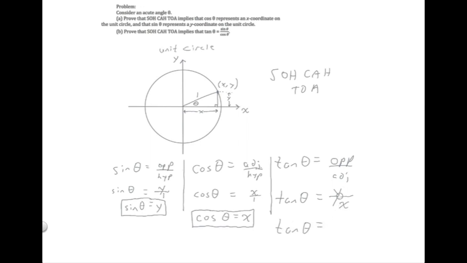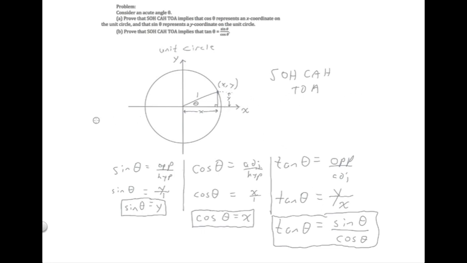But we already figured out that y is the sine of theta, and x is the cosine of theta. So now we've done the proof for part B. We showed that Sohcahtoa implies that tangent is sine over cosine.